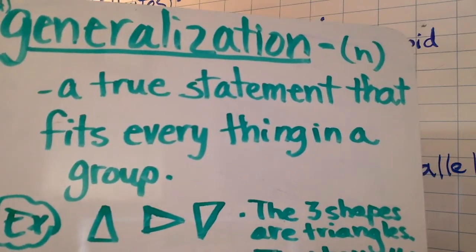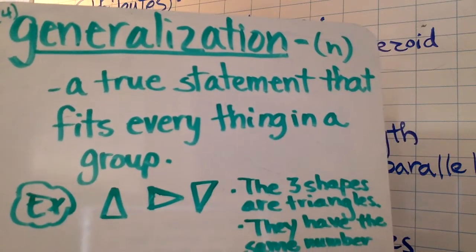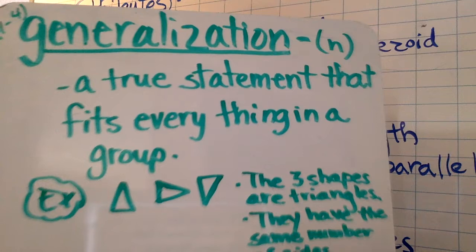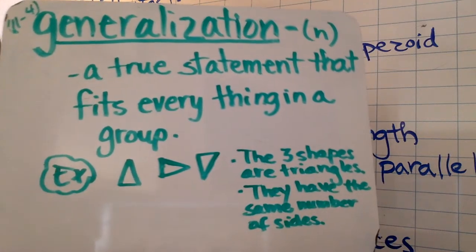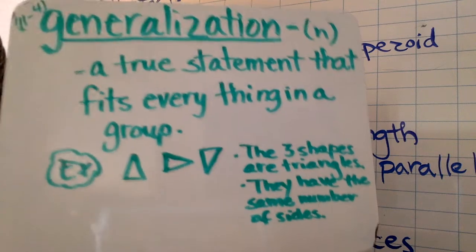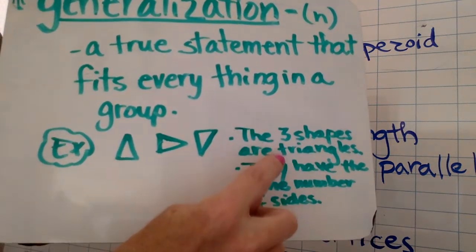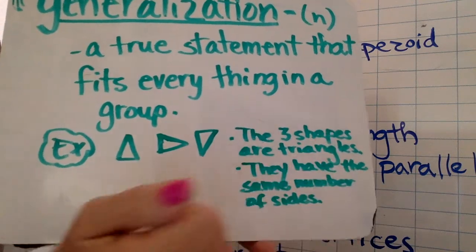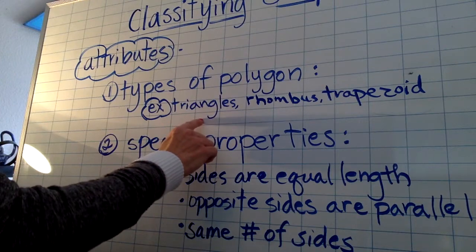A generalization is a noun, and it's a true statement that fits everything in a group. Take a look at my example. I have drawn 3 different triangles. My generalization statement is the 3 shapes are triangles. Okay, so that goes back to the type of polygon that they are.